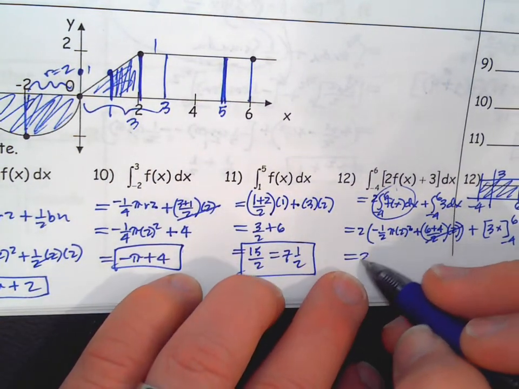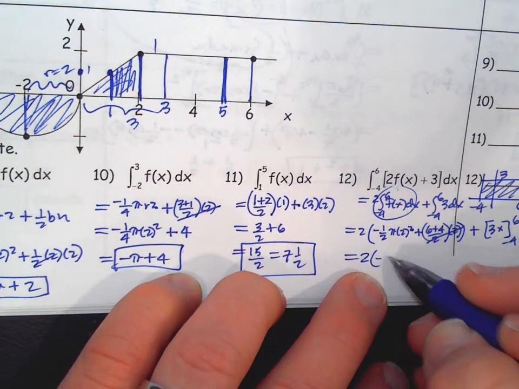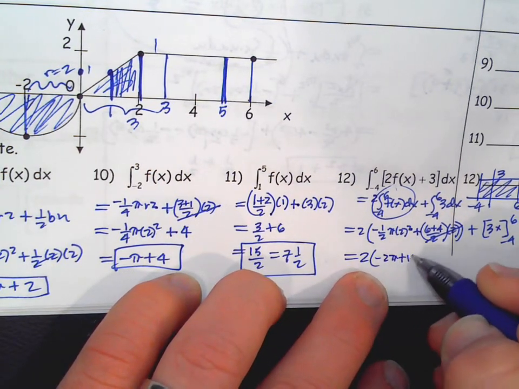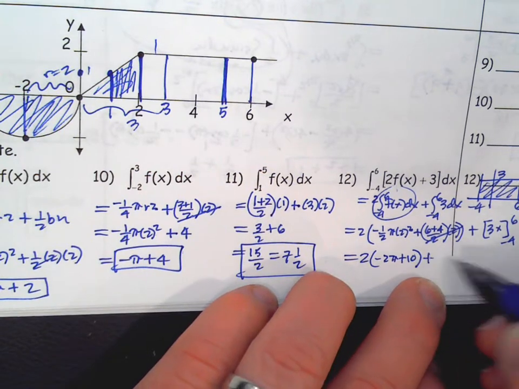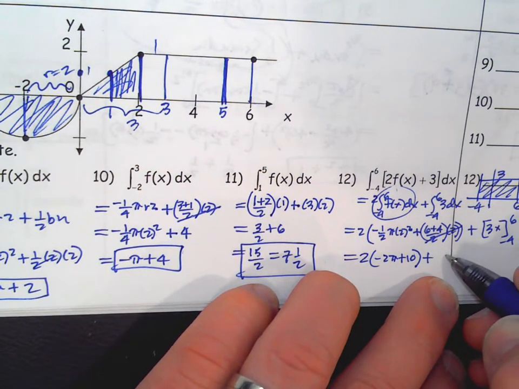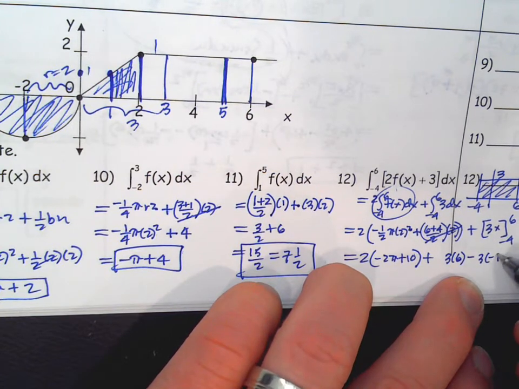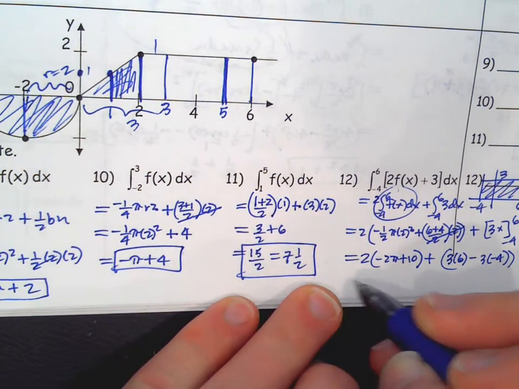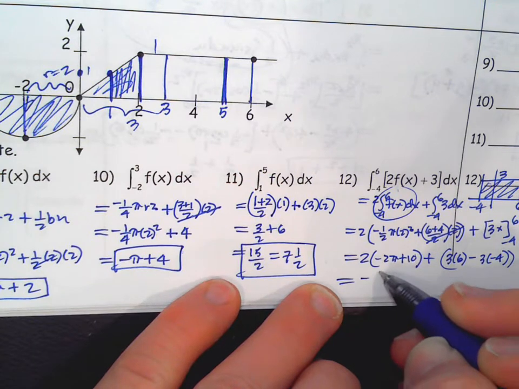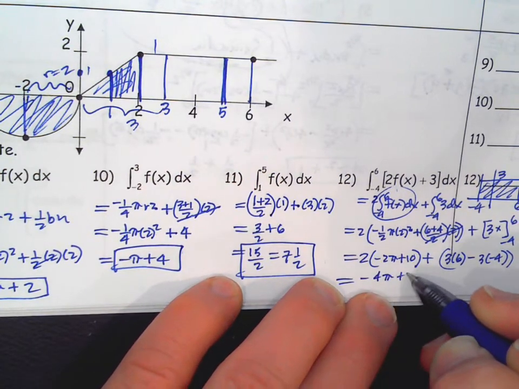This is going to be 2 times negative 2 pi plus 10. And then here, if we kept going with this approach, it would be 3 times 6 minus 3 times negative 4. And so we get negative 4 pi plus 20.